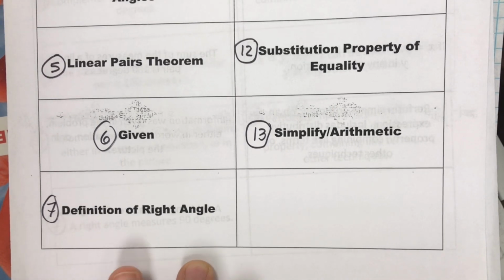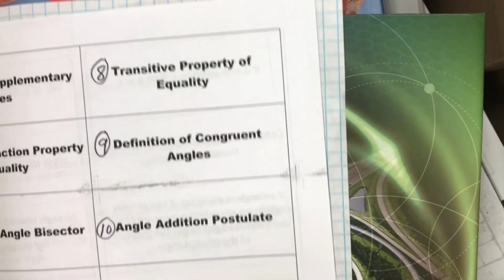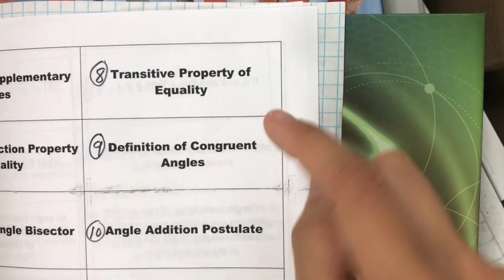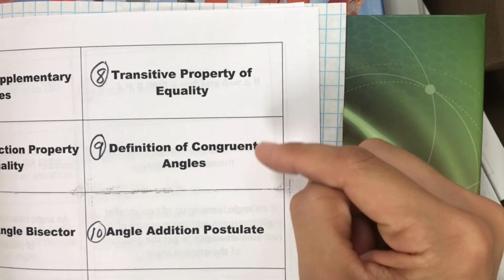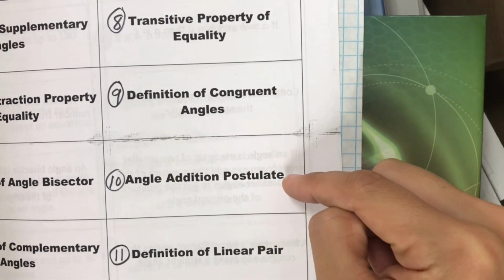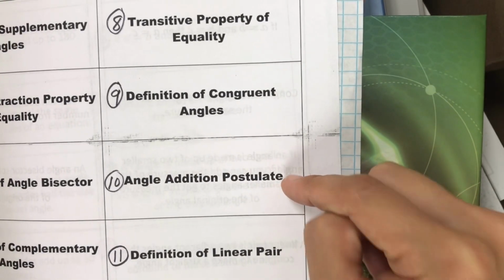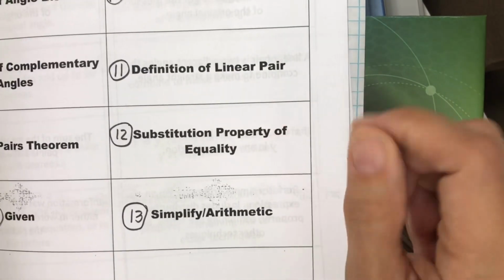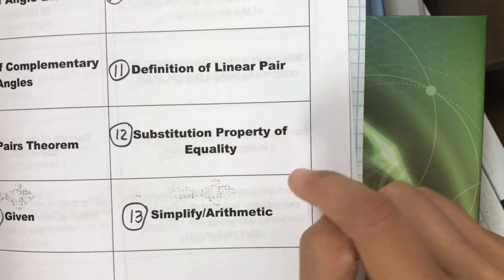Okay, now I'm going to go back up to the top. Number 8, a vocab word we'll be working on when we come back. Transitive property of equality. Definition of congruent angles. Angle addition postulate. Definition of linear pair.